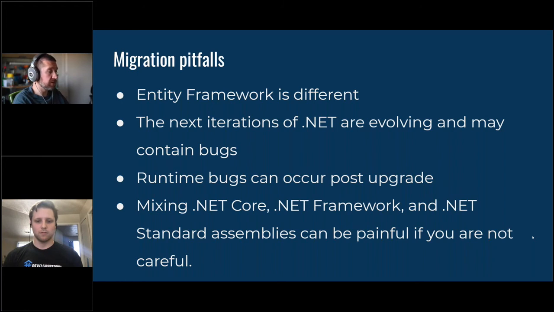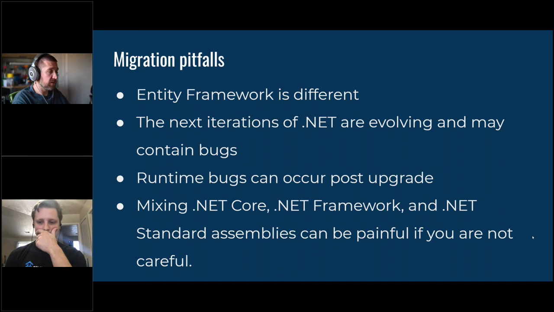For example, OnModelCreating can live in your entity models in Entity Framework for .NET Framework, and that doesn't exist in Entity Framework Core, so now you have to migrate all that stuff to your DbContext. If you have 400 entities, that obviously starts to become a bit of a problem.